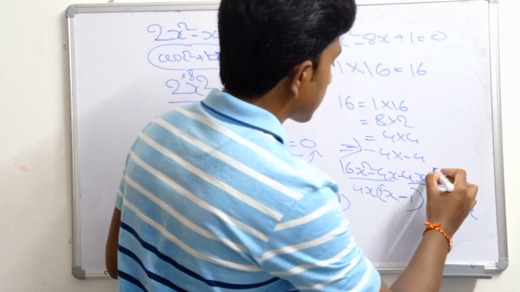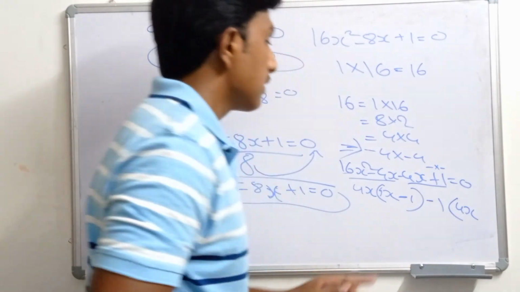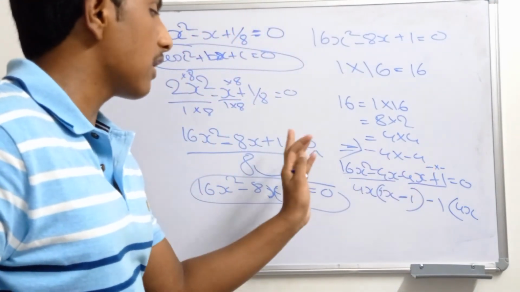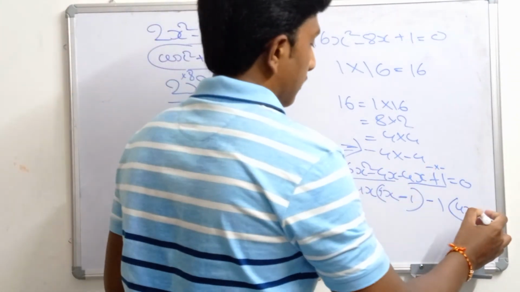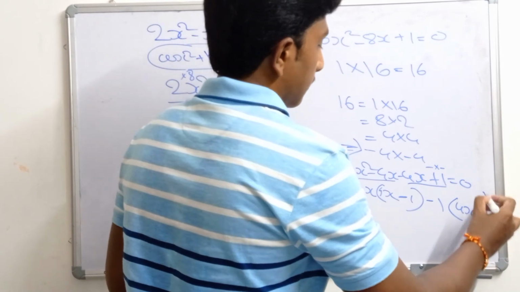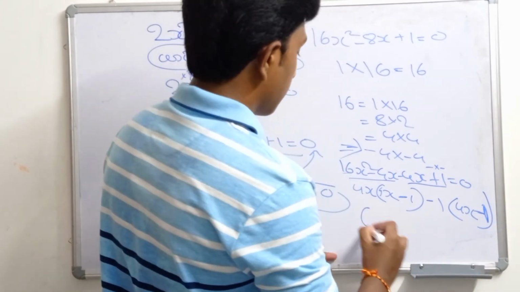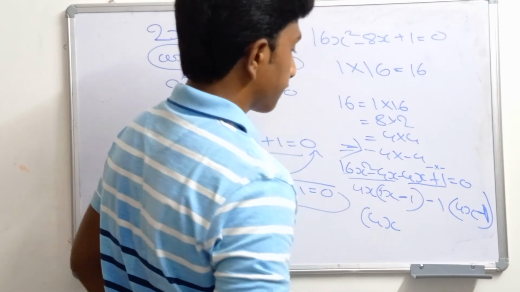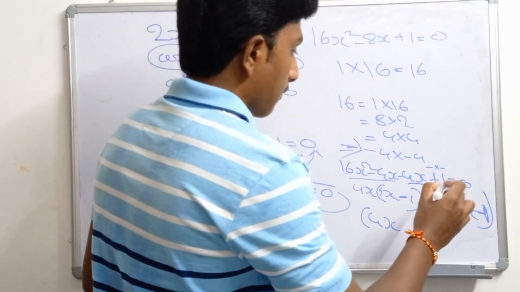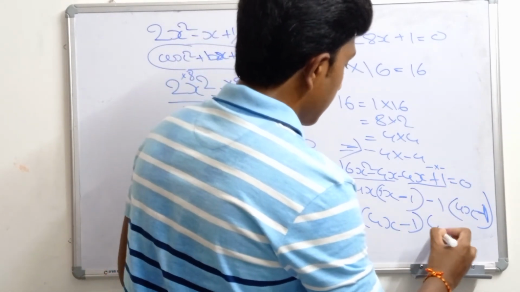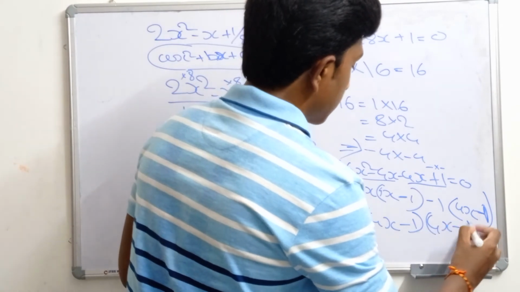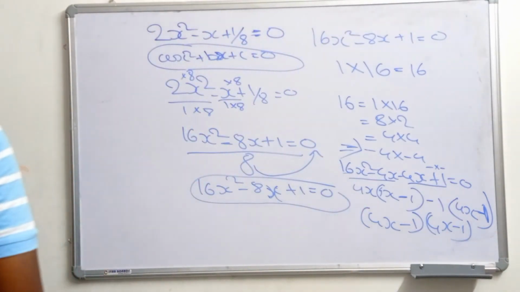If minus plus is written as minus into minus, and one minus is taken along, there is a minus left. So 4x minus 1 into 4x minus 1. Guys, these two are the factors. Am I clear?